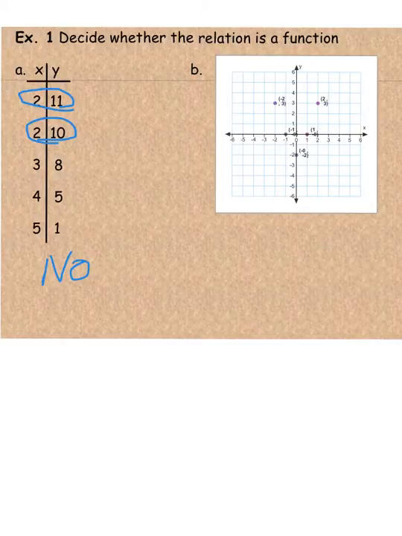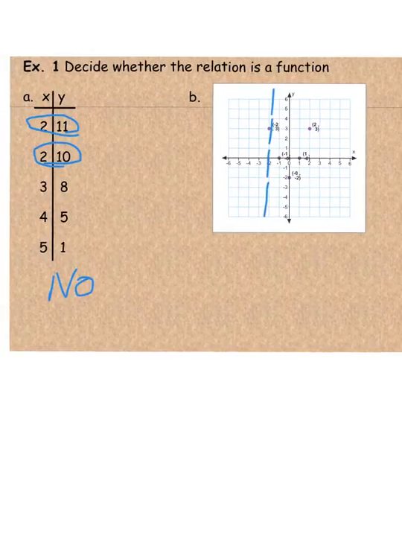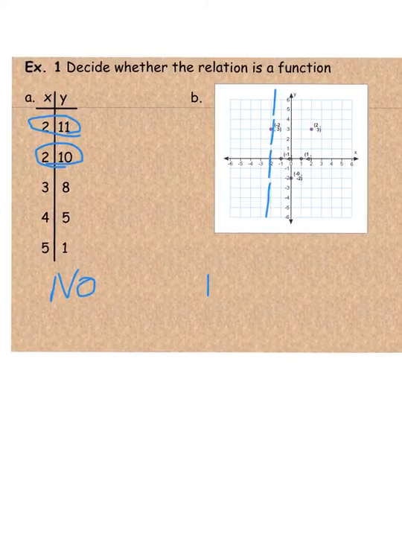If I look at example B, I have a relation plotted on a coordinate plane. Here I can perform the vertical line test, where I draw a vertical line through each element in the relation. And we can see that this is a function.